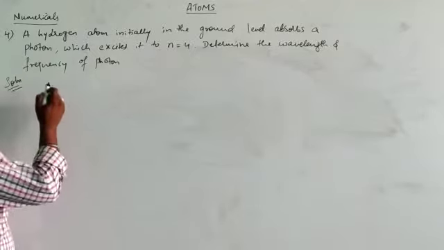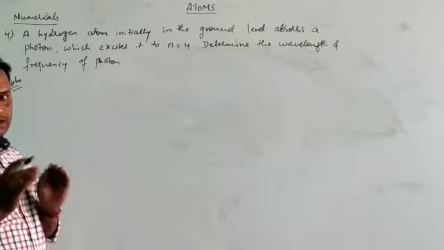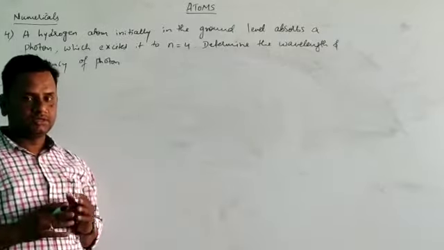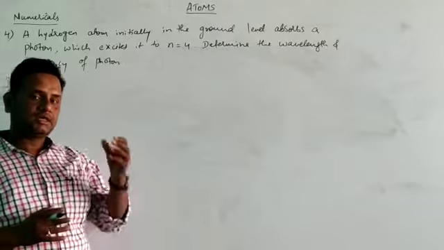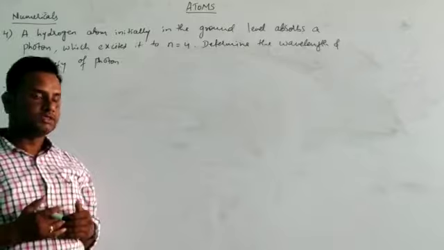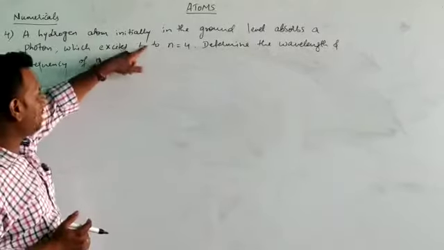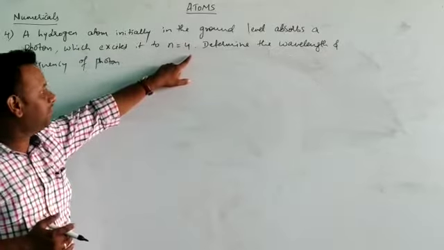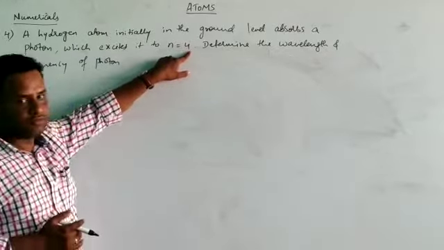तो यहाँ पे जो हाइड्रोजन एटम है वो पहले ग्राउंड स्टेट में, ग्राउंड लेवल में, it is in the ground level and it is absorbing some photon. So after absorbing some photon, it is exciting to the higher level, and that level number is n equal to 4.